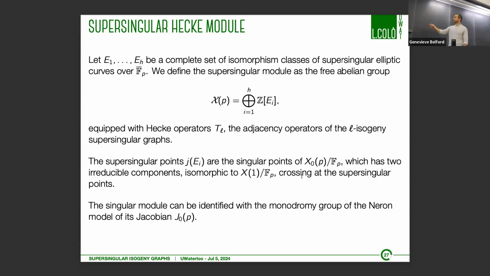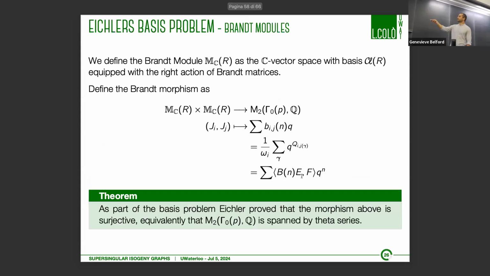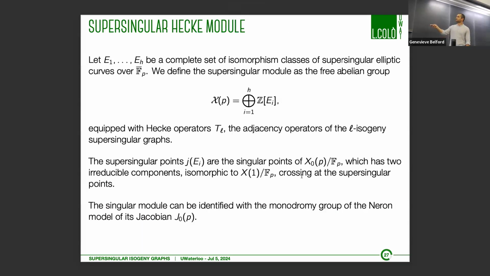This time, instead of using a basis which is the ideal classes, we use the vertices of the supersingular isogeny graph. Meaning, in fact, we construct a module which is the free abelian group over the set of isomorphism classes of supersingular elliptic curves. In this sense, you can reinterpret the adjacency matrices of these isogeny graphs as Hecke operators acting on the set of modular forms.